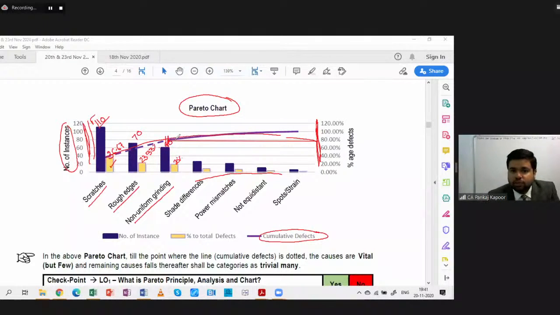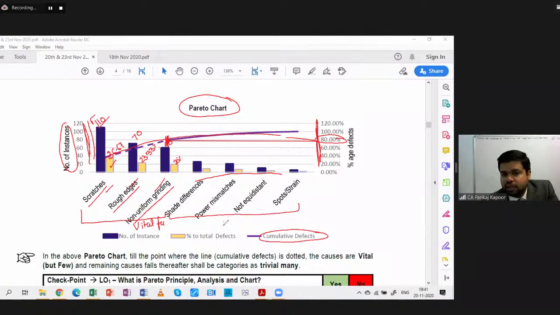I hope this line is visible to you. Up till here the curve is dotted, only 3 defects we considered: scratches, rough edges, and non-uniform grinding. But they amount to 80% of the defects. Hence, these 3 are the vital few, and the remaining 4 are the trivial many.